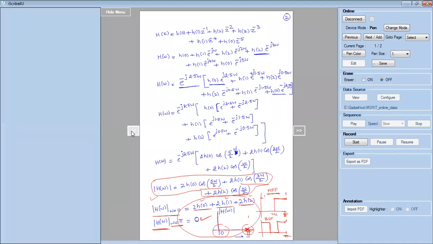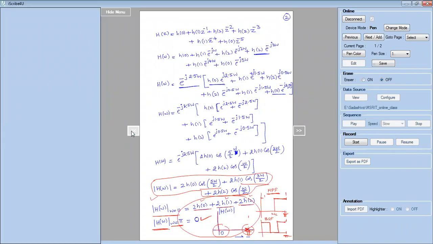I can make this summation so that it can be made 0. What will I choose? I will choose h of 1 and h of 2 as minus 0.5, minus 0.5, and h of 0 I will choose as 1. Can I do like that?